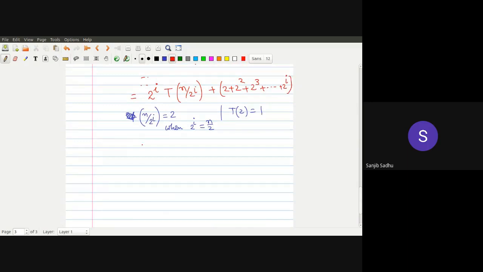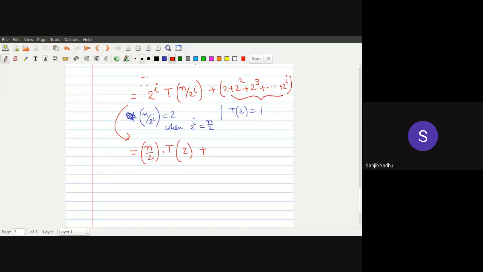So here the solution will be what? This is 2 to the power i, which is n by 2, that you know. And this is t of 2. And this portion is 2 plus 2 square plus 2 cube, this sum.